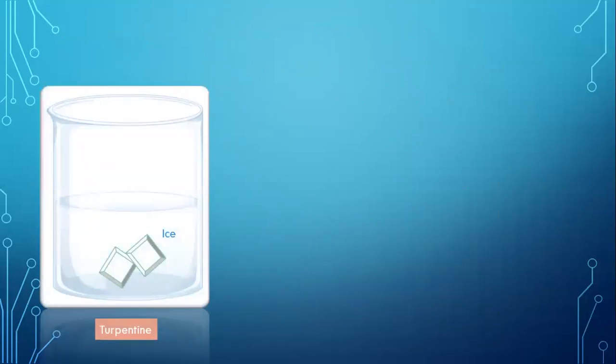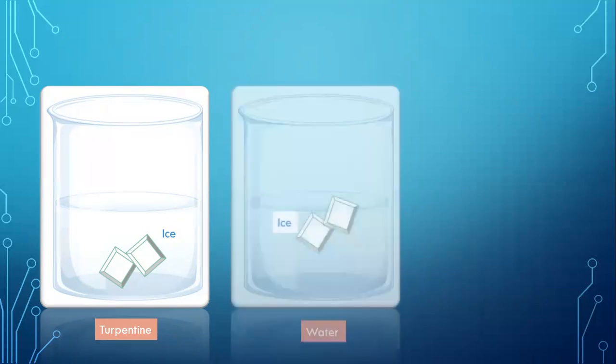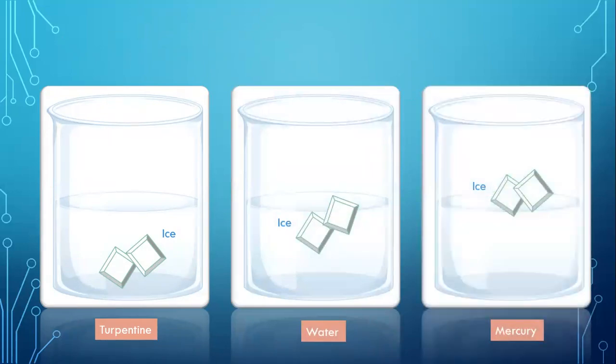Similarly, if we put an ice cube in turpentine, it will sink, and in case of water it will float. In case of mercury, because the density of mercury is much greater than the density of water, this is the position of the ice cube on the mercury.